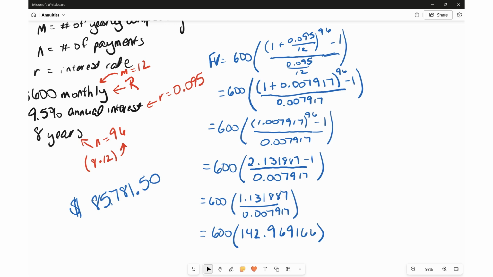So say you are wanting to save for a house. An annuity can be a great way to do that because you are compounding the interest, and you're compounding at usually a pretty great rate when we're talking about annuities.